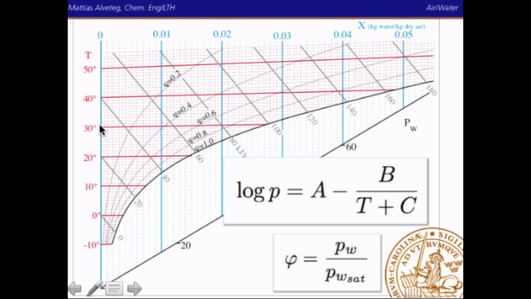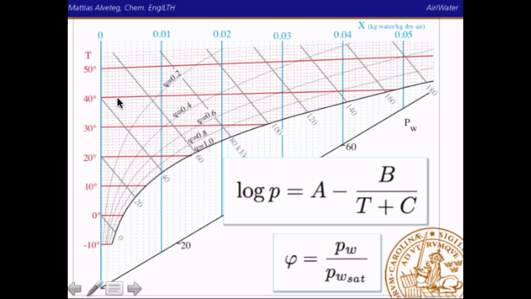And where could that point be? Well, if you are in equilibrium with liquid water, then the partial pressure of water must equal the vapor pressure. So you must be at this point here, 100% relative humidity. So if you don't know the temperature, you know that you're on this line somewhere. And then if you know, for example, the enthalpy, or if you know the water content, you can find out exactly where you are.